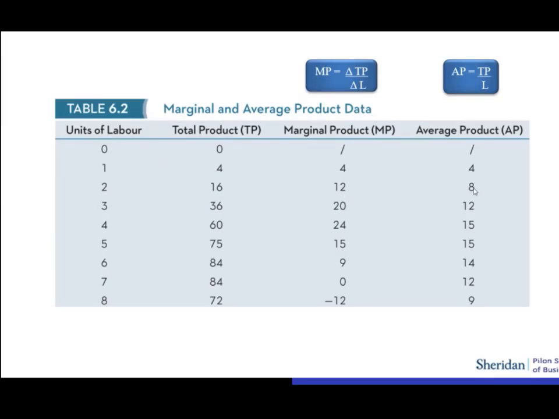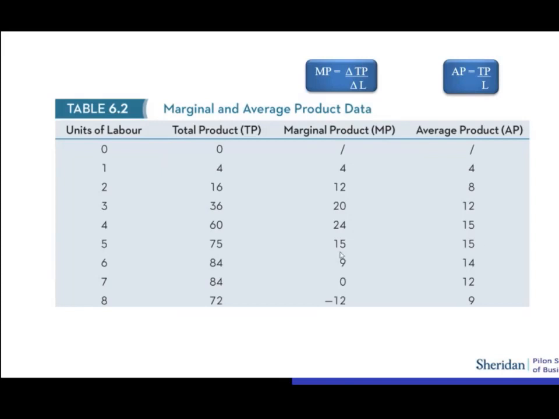We can see the relationship here. This is going to be increasing when the marginal product is increasing. Now, this is also going to be increasing even though this is decreasing, but it's going to be increasing at a decreasing rate. And eventually they will cross each other and then it'll switch.